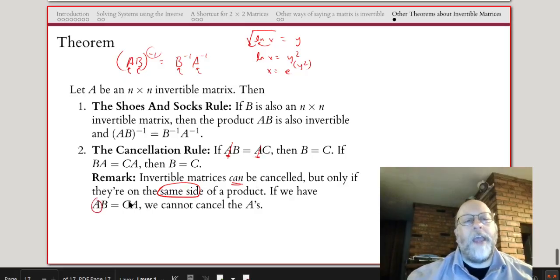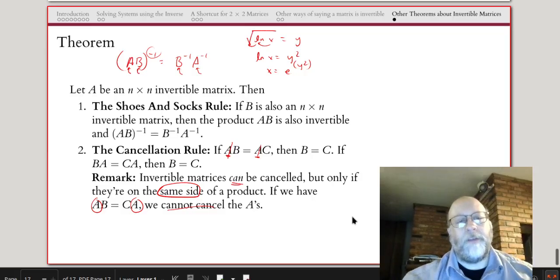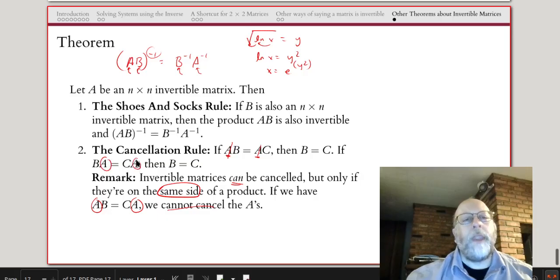But if one of the A's is on the left and one of them's on the right, then we still cannot cancel the A's. So we have some partial cancellation for invertible matrices. If they're both on the left, we can cancel them. And if they're both on the right, we can cancel them. But if one's on the left and one's on the right, we cannot cancel that.